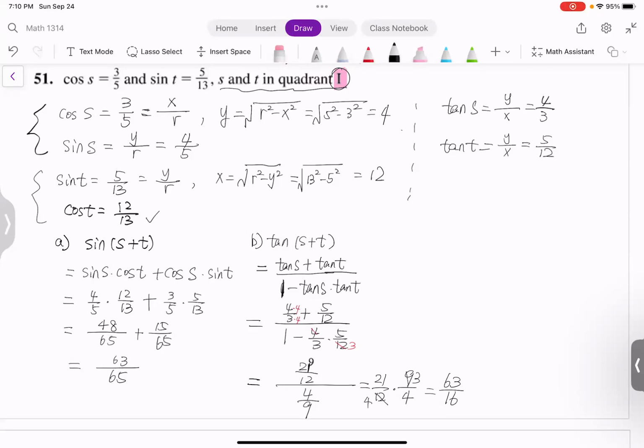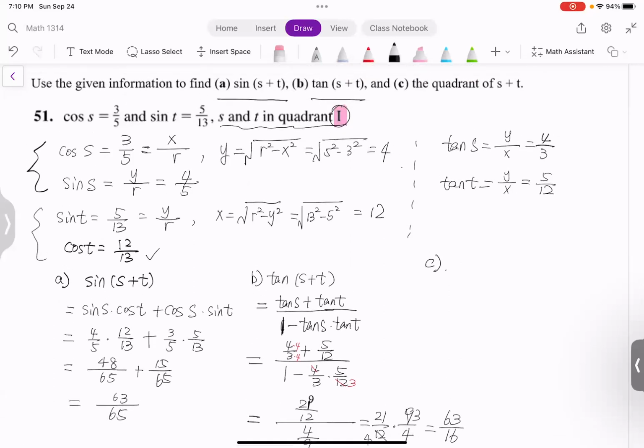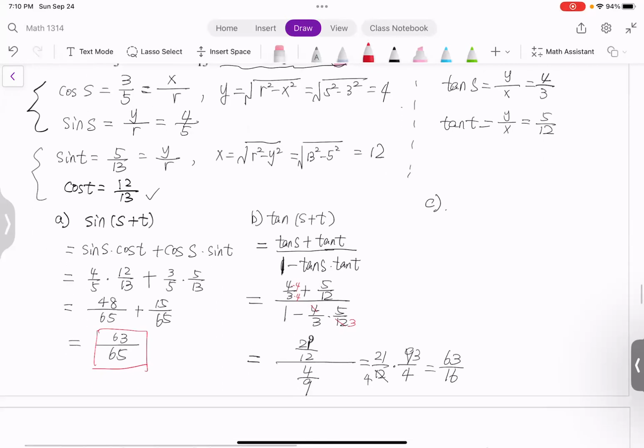And how about part c? What do we need to do? Part c is asking where the angle s plus t is, in quadrant 1, 2, 3, or 4. Let's see. From the first two steps, this is the value of sine of s plus t and this is the value of tangent of s plus t. The sine value is positive, greater than 0.